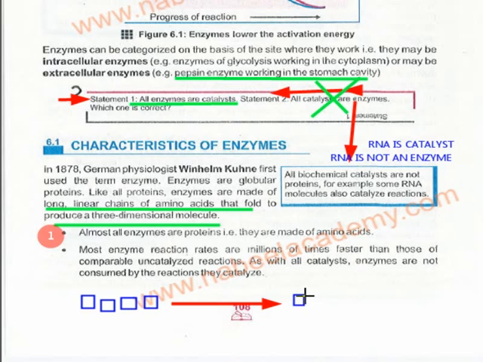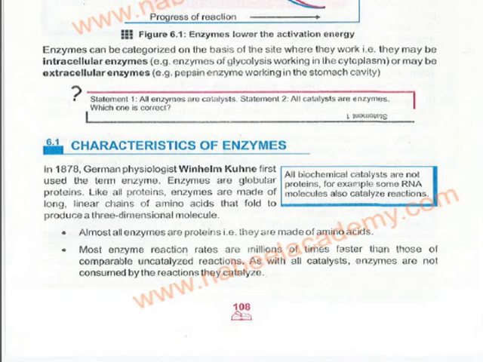Amino acids form very long chains. Understand? These smaller particles join together to form larger chains. The second point is that enzyme reactions are millions of times faster than those which are uncatalyzed.